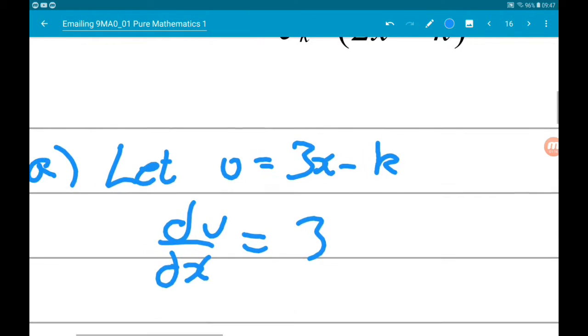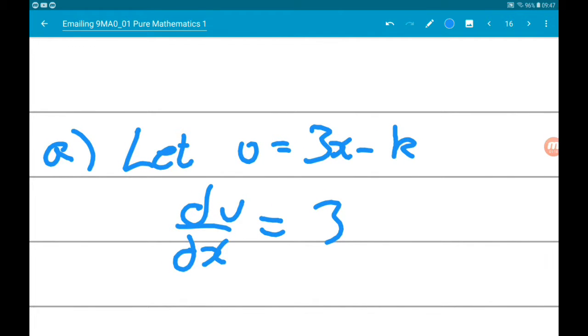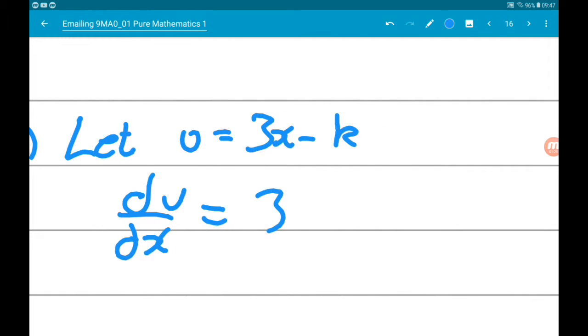Now we need to find what dx is in terms of du. If we multiply by dx and divide by 3, we get du over 3 is equal to dx.